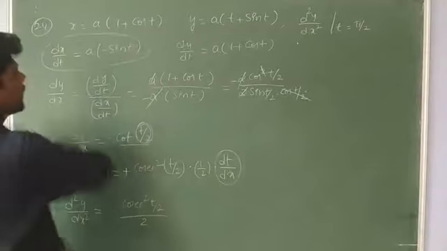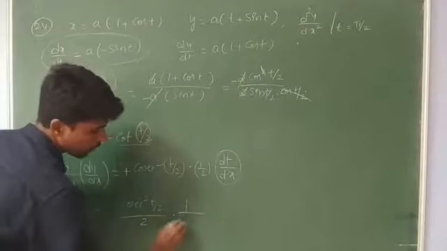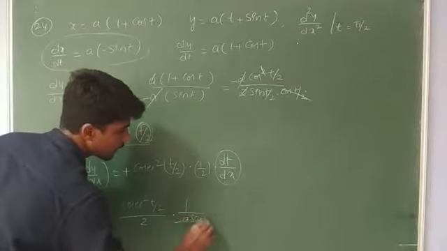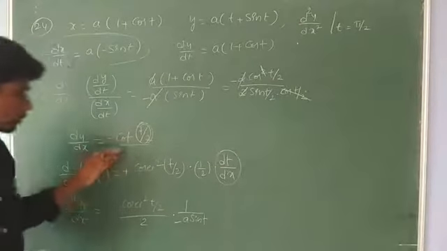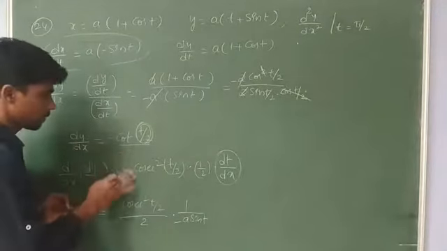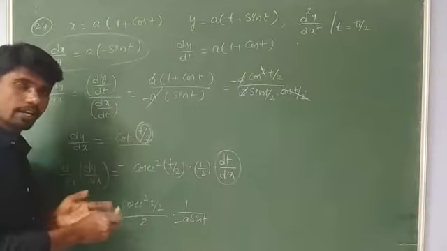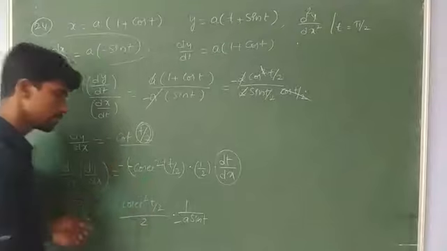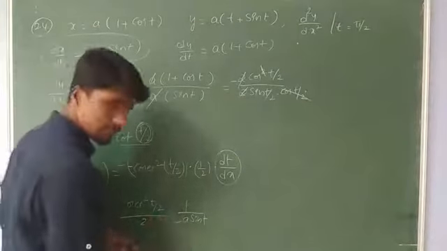We have dx by dt as minus a sin t, so dt by dx will be its reciprocal, 1 by minus a sin t. Here we made a small mistake: cot derivative is minus cosecant square, so minus into minus we get plus.